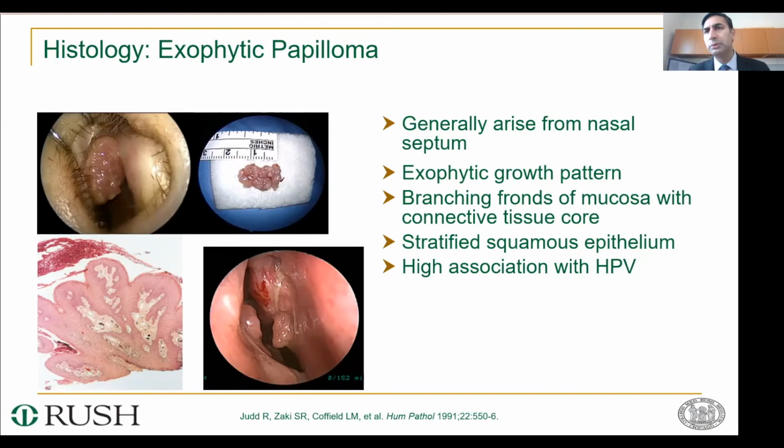If you were to do viral subtyping, there's a high association of HPV, and studies have shown that 2/3 to 3/4 of the cases will have presence of low-risk variants of human papillomavirus. Showing you another endoscopic example of a multifocal exophytic papilloma arising in the nasal septum, but also along the lateral nasal wall here.